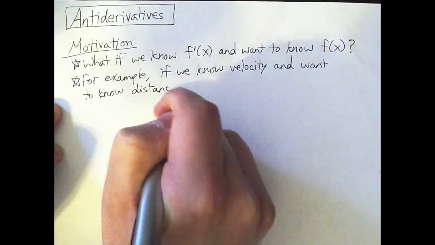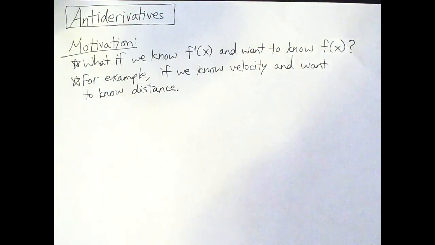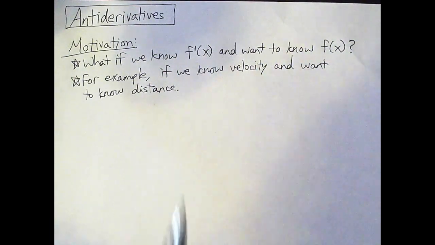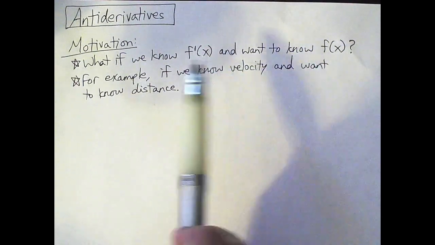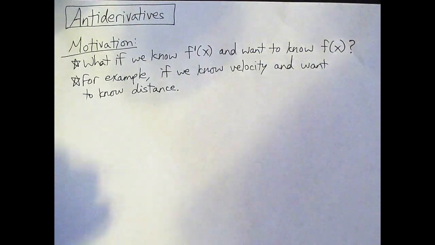You remember a long time ago we talked about distance, velocity, and acceleration, and how you would go from a function to its derivative in order to get velocity. And then you would take the derivative again if you wanted acceleration. But what if you want to go in the opposite direction? What if you know velocity and the question is, what is the distance? You would need something that's the opposite of the derivative. You'd need to go from f prime to f.